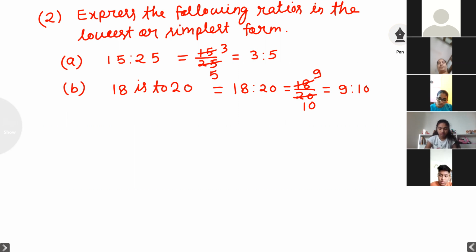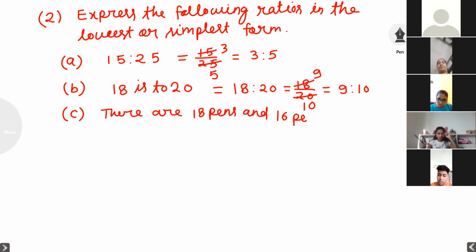C question. There are 18 pens and 16 pencils in a box.